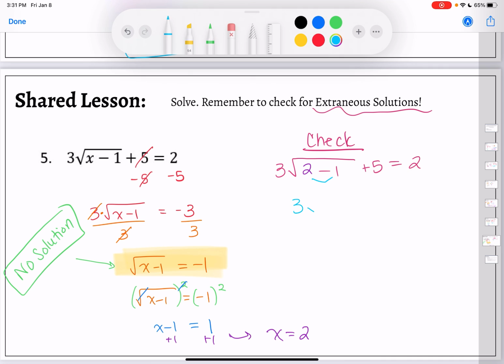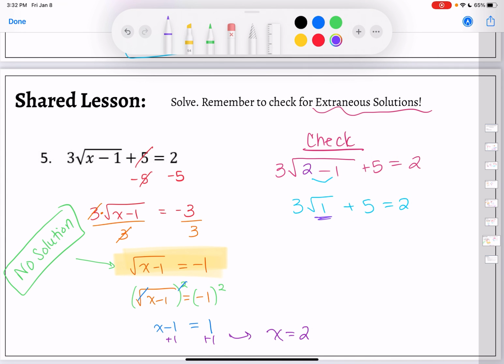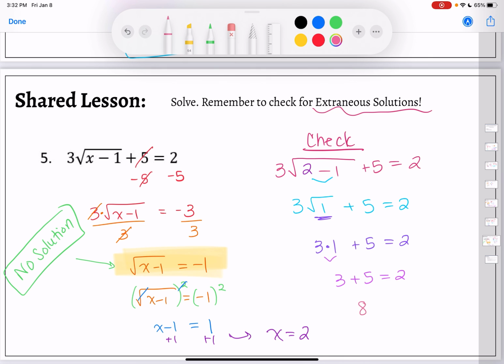So I'll have 3 radical, 2 minus 1 is 1, plus 5 equals 2. 3, let's see, radical 1, that's really just 3 times 1. 3 times 1 is 3, plus 5 equals 2. 3 plus 5 is 8, and 8 does not equal 2. So this one is officially no solution.